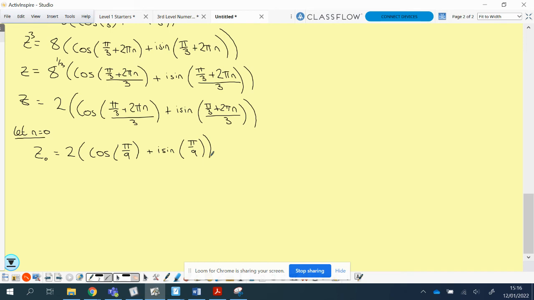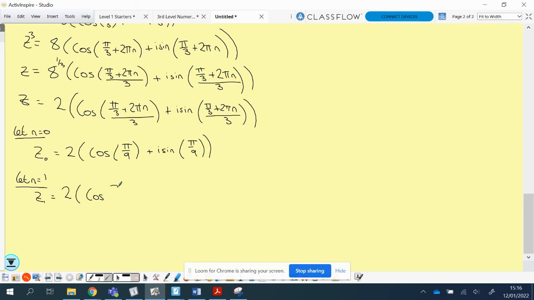Then we're going to let n equal 1. So z1 will be 2 bracket cos. If I let n equal 1, that means I'm adding 2 pi onto pi over 3, which means I've got 7 pi over 3.